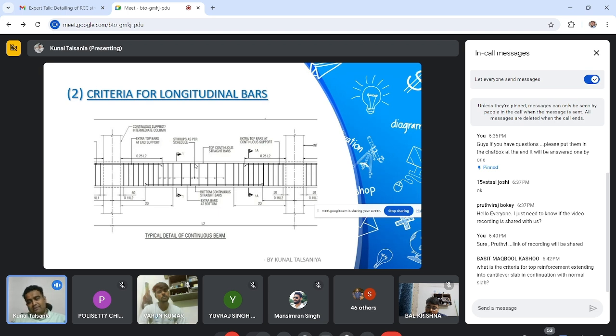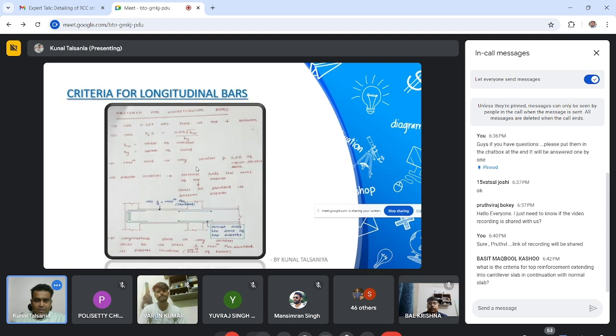You can provide maximum two splices, one at one location and another at another location. So out of 4 bars, first 2 bars will splice, and then another 2 bars will splice.